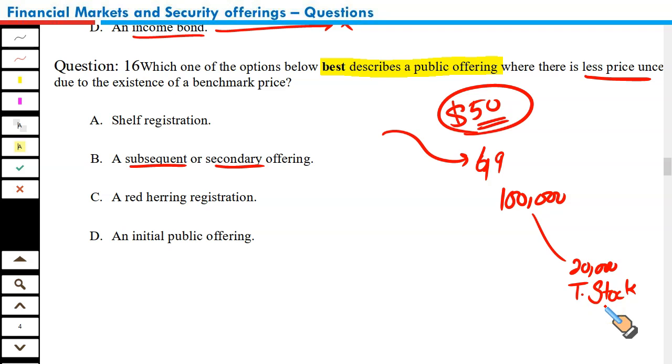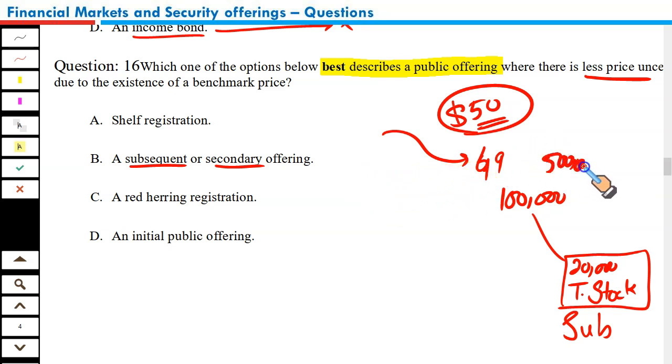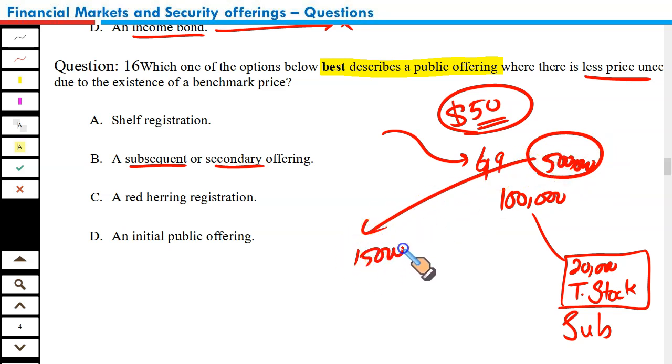The company wants to sell some shares. If the company sells shares from the existing treasury stock which it purchased from the market, it is called a subsequent offering. Or if the company issues totally fresh shares, because the company has an authorized capital of 500,000 shares, and issues, say, 15,000 shares from this bunch, this is called secondary.